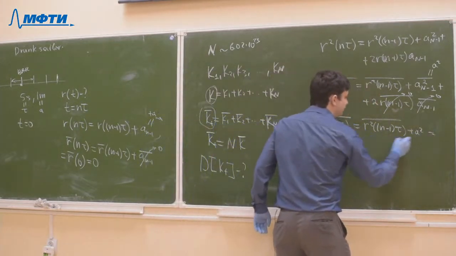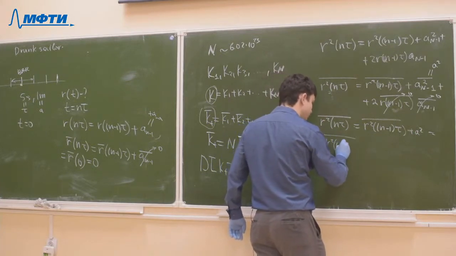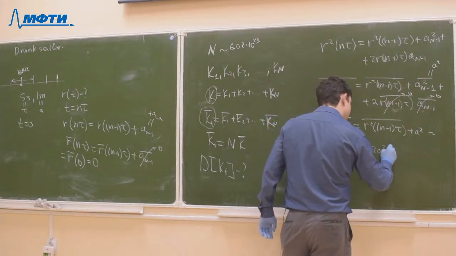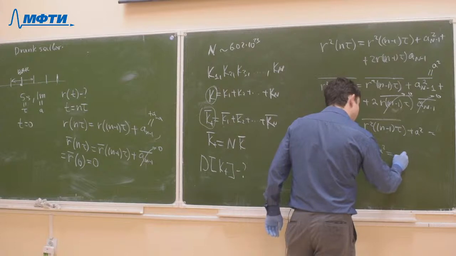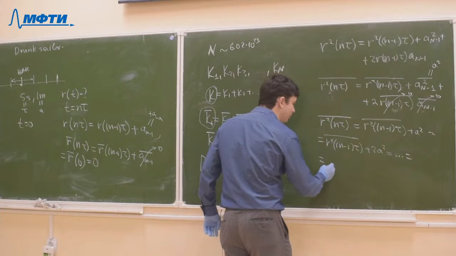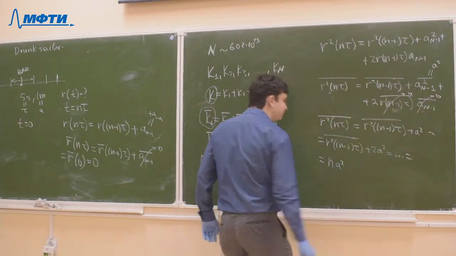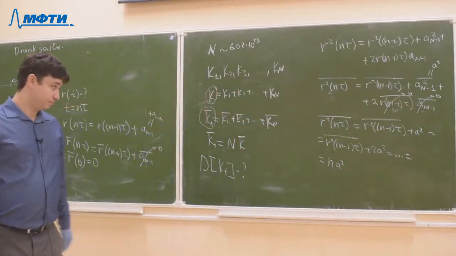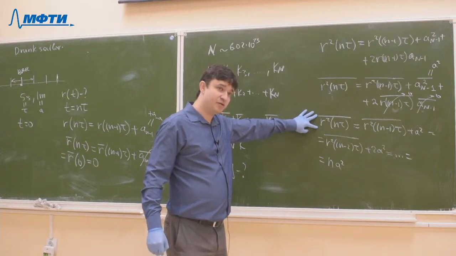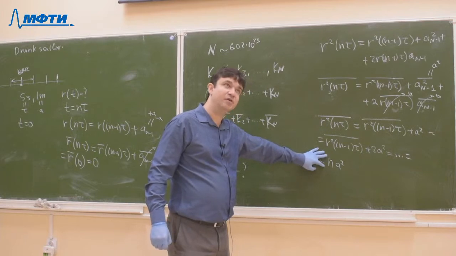So after continuing this expression further, we get the following formula for the average distance from the initial point. The squared distance from the initial point behaves linearly with the number of steps.